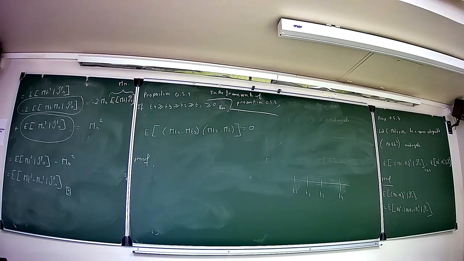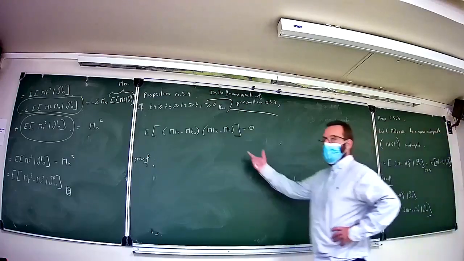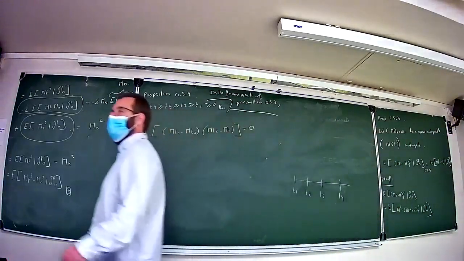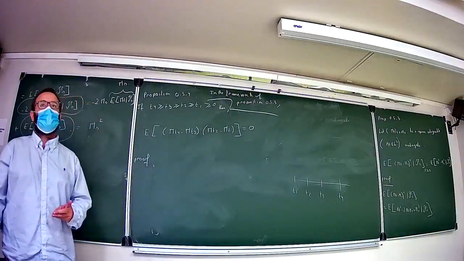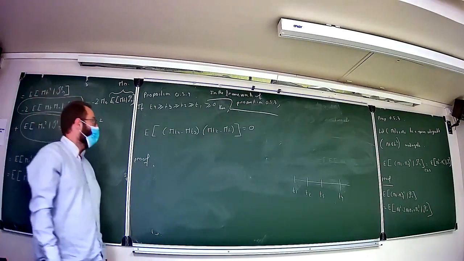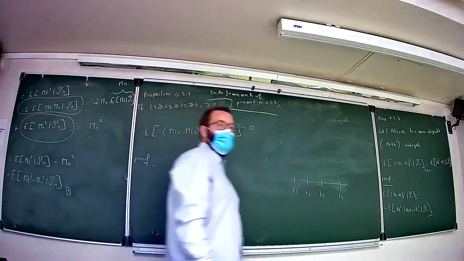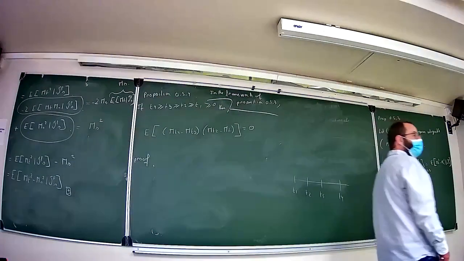So, of course, if I have a martingale, I will need to compute at one time a conditional expectation or something like this. So the idea is to express this expectation as the expectation of a conditional expectation. But the only thing is to choose which one in order to obtain the result I want.